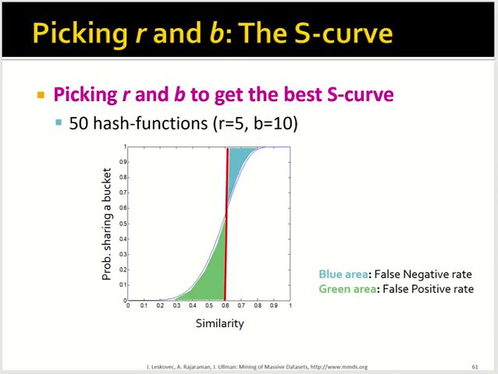So now we have an approach to find the set of candidate pairs of similar documents, and then discover the true similar documents among these. It must be emphasized that this approach can produce, as I said, false negatives: pairs of similar documents that are not identified as a match because they never become a candidate pair.